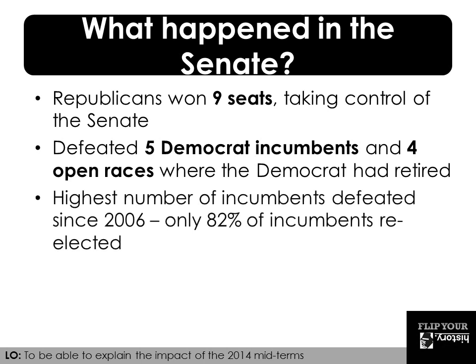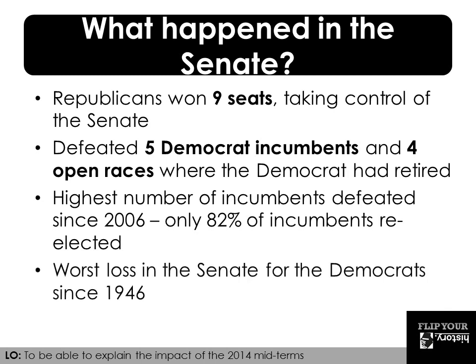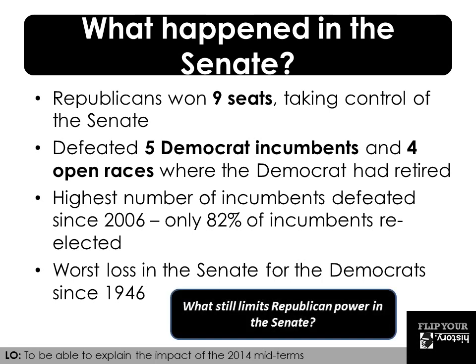This is significant because this is the highest number of incumbents being defeated since 2006, with only 82% of incumbents re-elected, which is low for the Senate. It's also the worst loss in the Senate for the Democrats since 1946, as the Republicans seized 54 seats, which meant that they now had a majority.